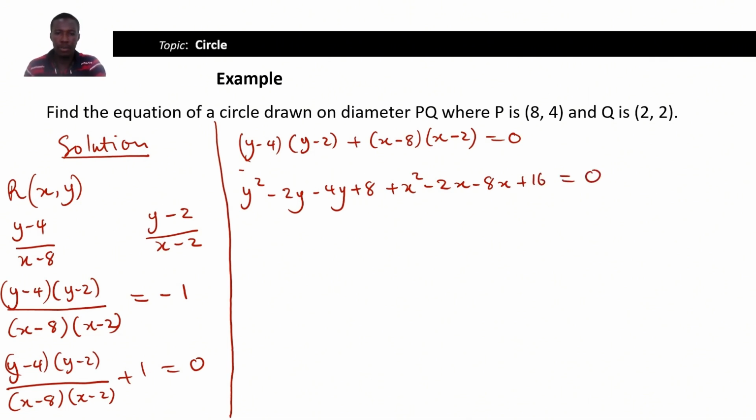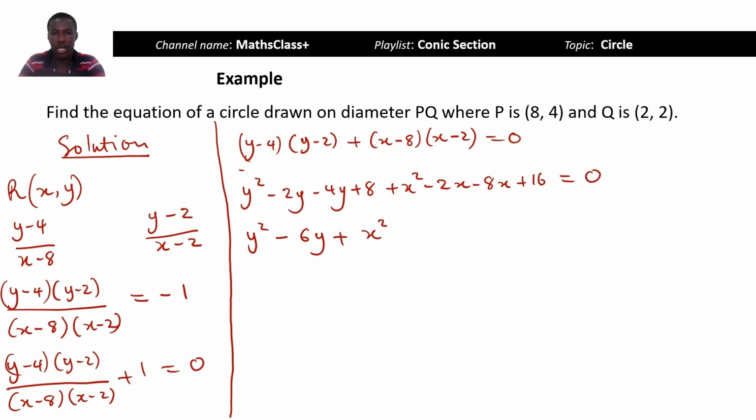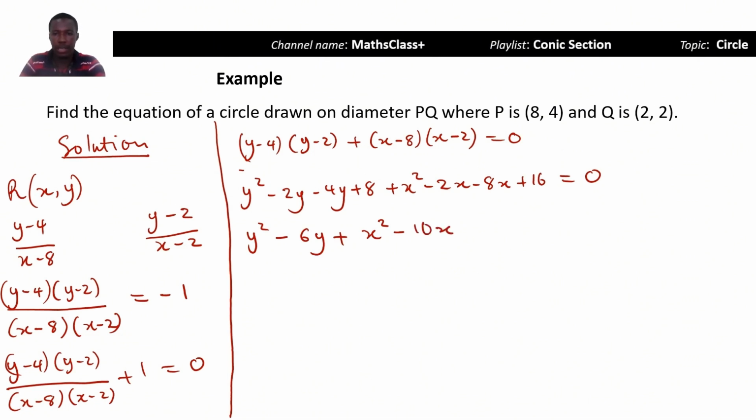So now I will simplify and group them. So I will simplify y squared minus 6y plus x squared minus 10x. 8 plus 16 will be 24, plus 24 equals 0.